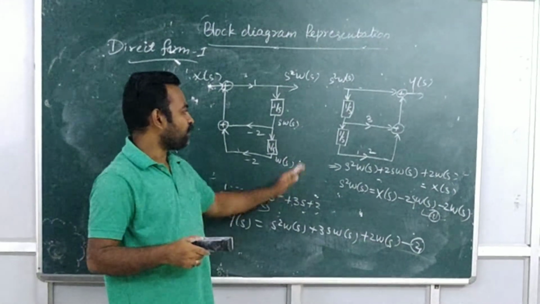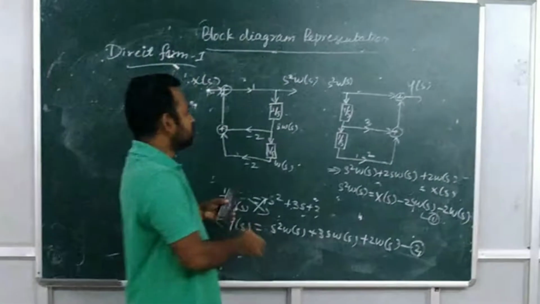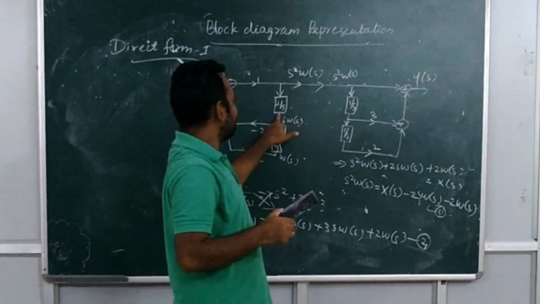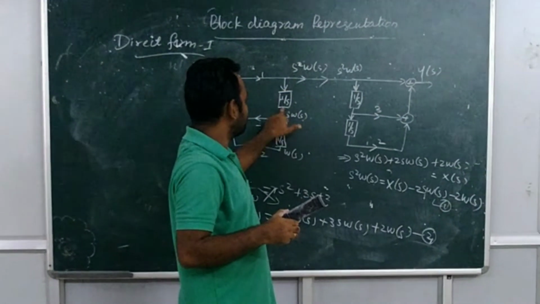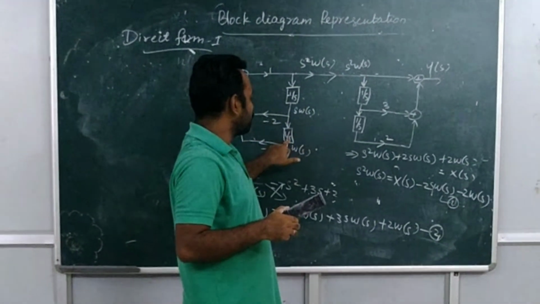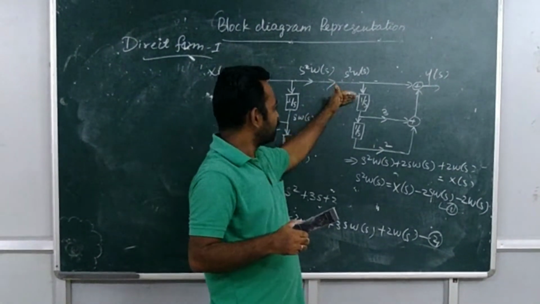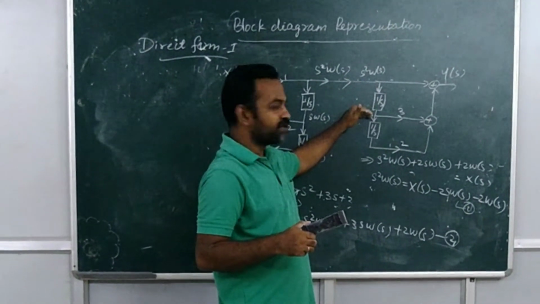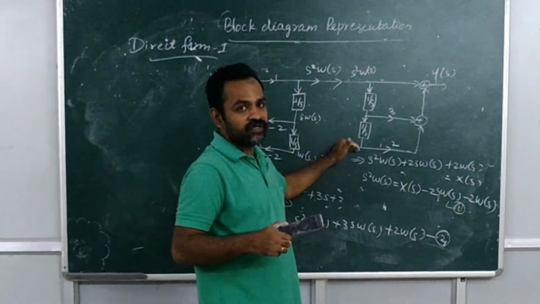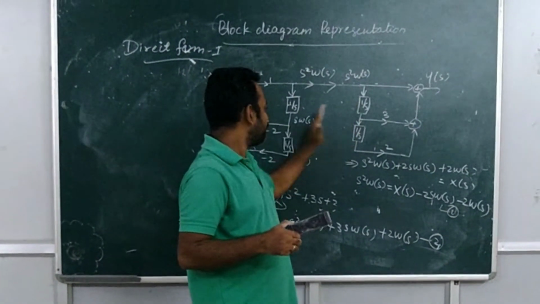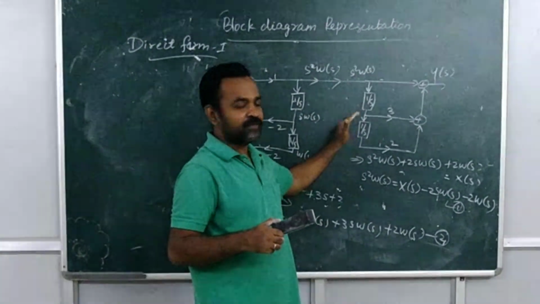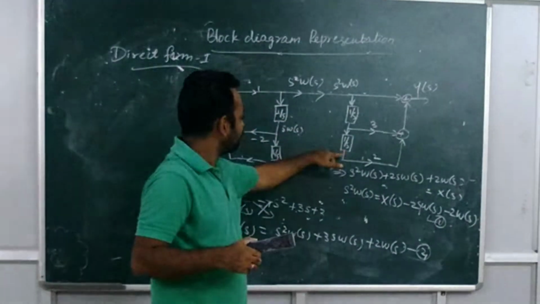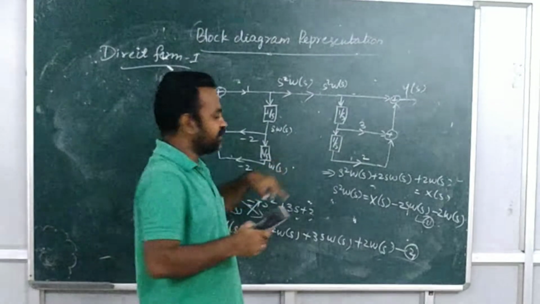So now you have to combine these two diagrams. If you are connecting like this, here also you are having s square W of s, 1 by s, s W of s, 1 by s, W of s. Here also you are having like this s square W of s. Again, this point s W of s, this point W of s. So instead of using 4 different delay elements, we can combine these two into a single integrator and combine these two into a single integrator.